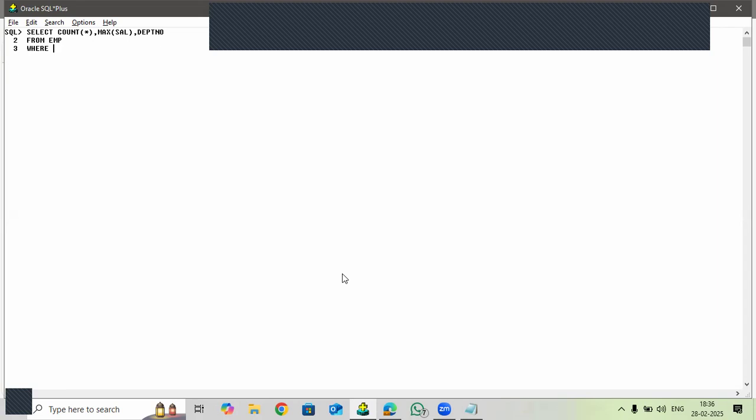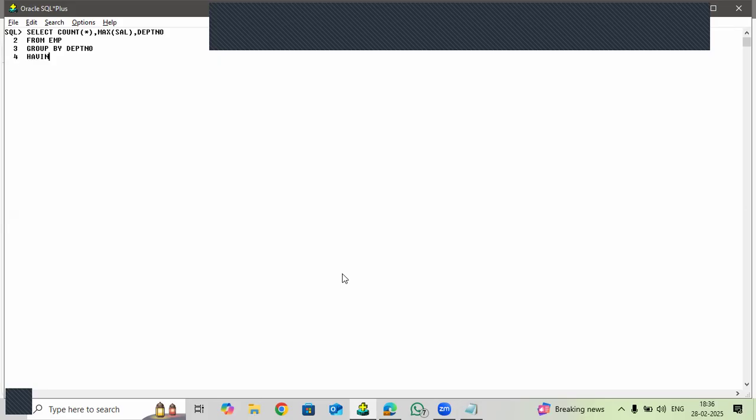No. Read the query. Who are getting maximum salary greater than 3,000. Maximum salary greater than 3,000. That is a multi-row function. Maximum sal, minimum sal, that is a multi-row function, and we cannot use multi-row functions in the where clause. It is directly the having clause, because we have read that the having clause will accept multi-row functions.